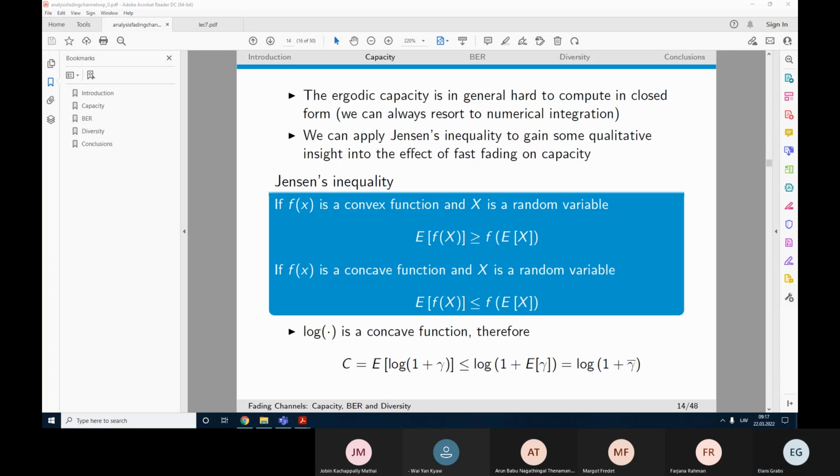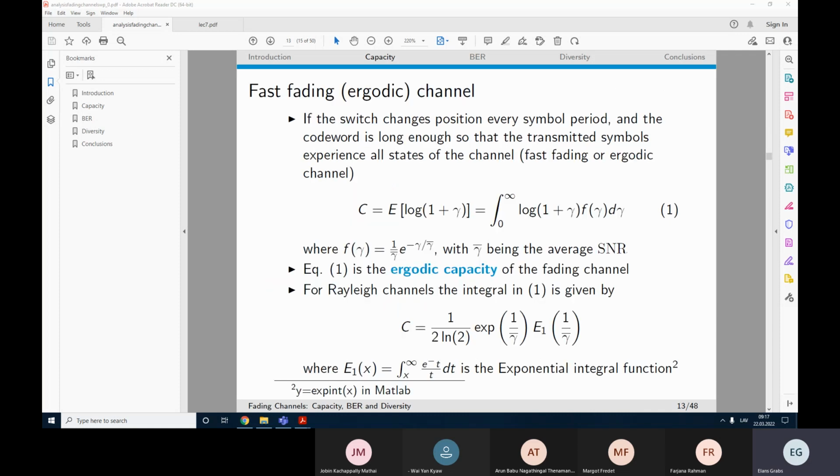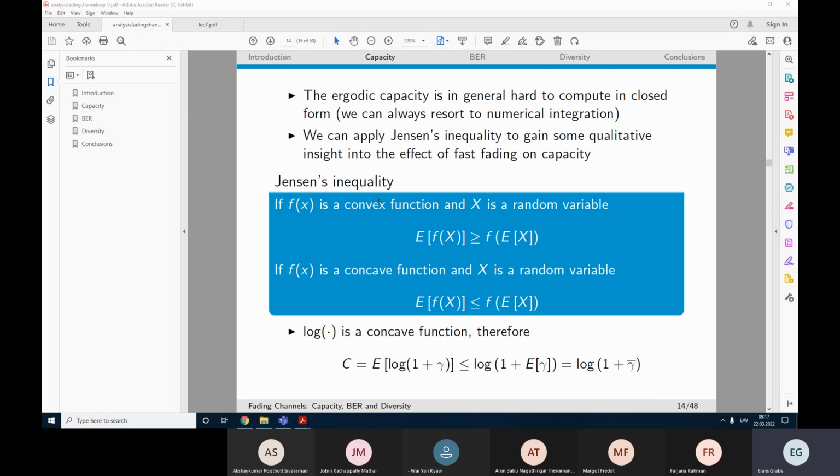So basically, it's hard to calculate, because this integral cannot really be calculated analytically, only approximately by using numerical methods. However, we can use some simplifications, some assumptions, to get an approximate value.